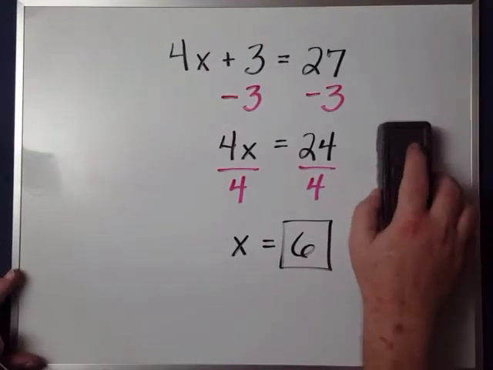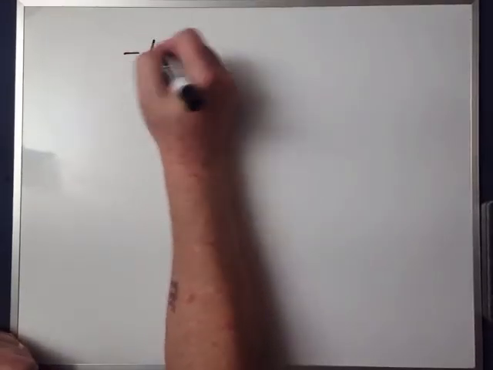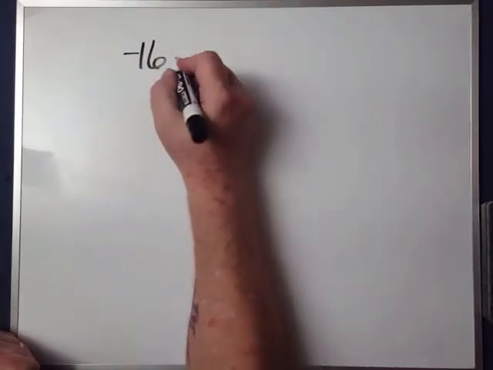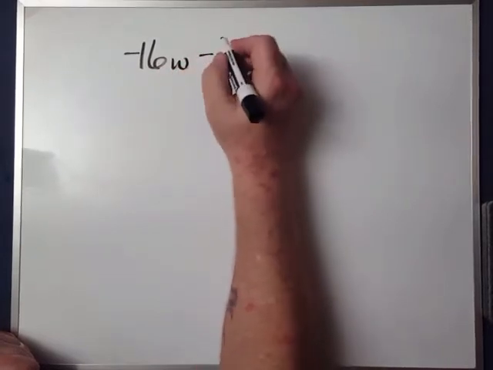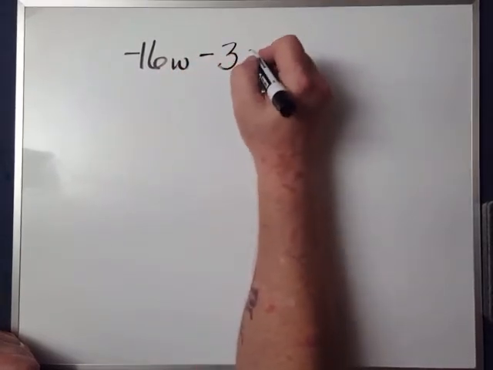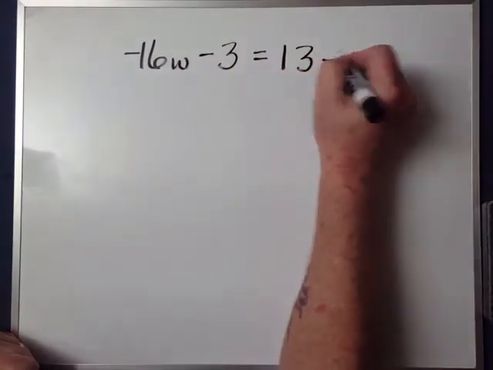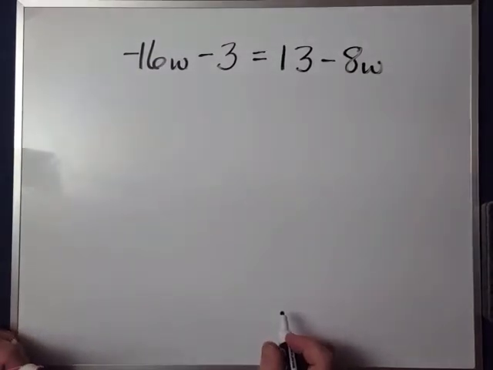Let's look at number 20. Now, I want to do number 20 2 different ways for you. Once we get it copied up here, we're going to look to see if we need to simplify. And in this problem, both sides are already simplified.